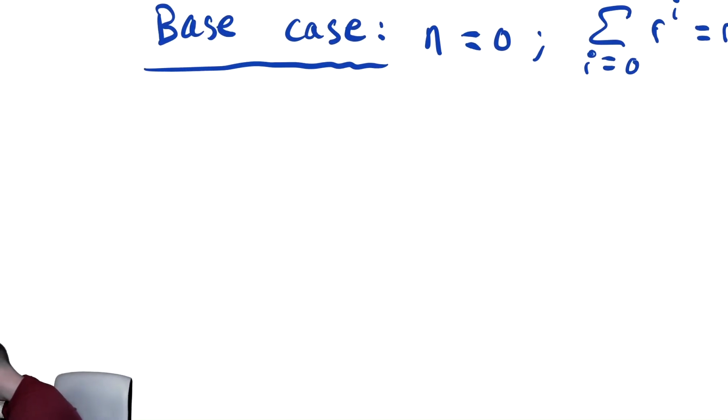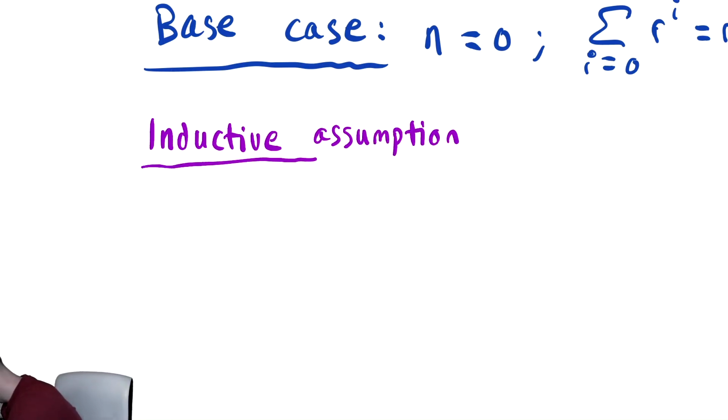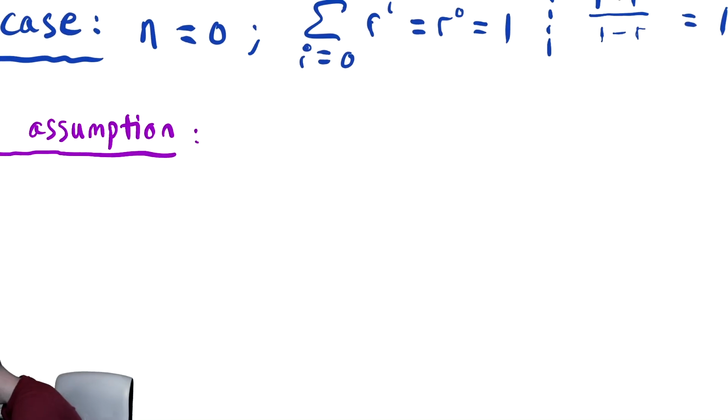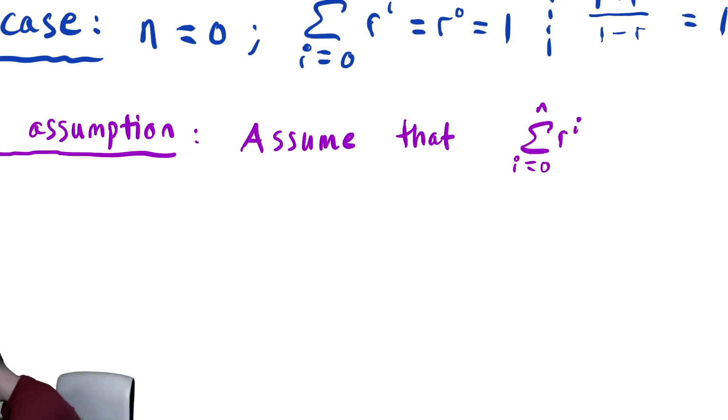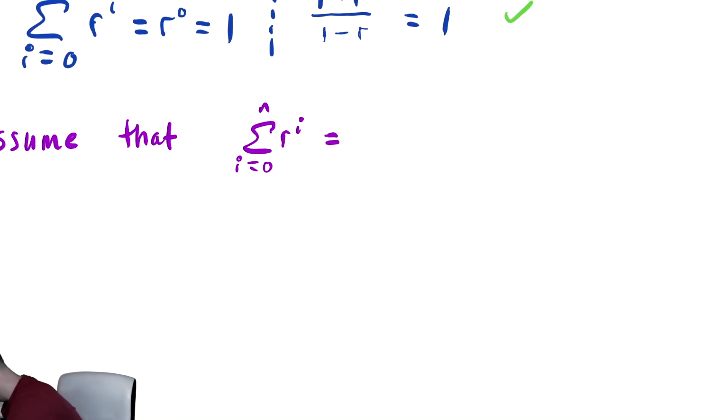So now let's write down our inductive hypothesis. Inductive assumption. We want to assume that the sum from i equals 0 to n of r to the i is equal to 1 minus r to the n plus 1 divided by 1 minus r.